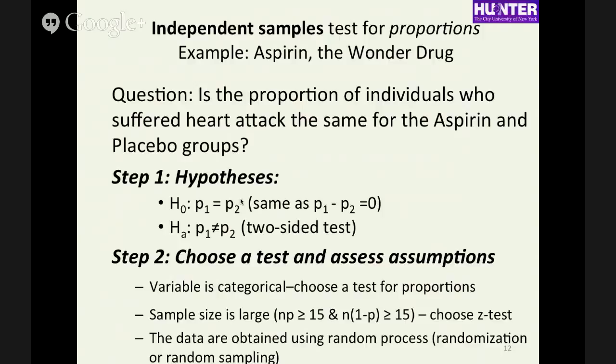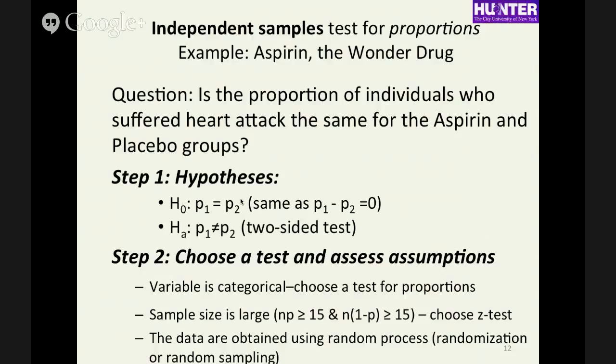So let's go through it. Let's set up the hypothesis. I'm going to show you how to do a two-sample unpaired test of proportions. Our null hypothesis here is going to be that the prevalence of heart attacks in the two groups is the same. So P1 equals P2, or P1 minus P2 is equal to 0.